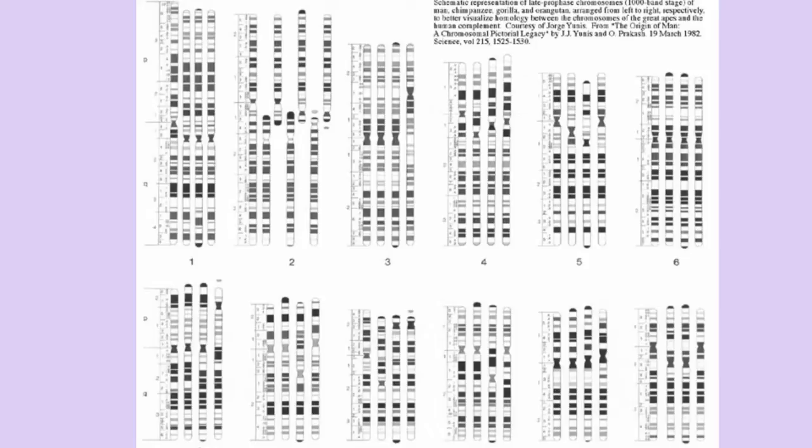The first one is a human, the second one is a chimp, the third one is an ape, and the fourth one is an orangutan. So look at number 2 and compare the first two, human and chimp. We can see that in list number 2 we actually have 2 chromosomes for the chimp and orangutan and ape.